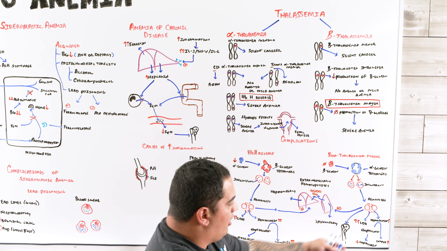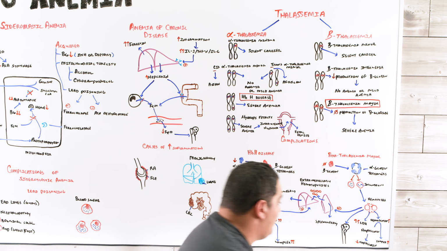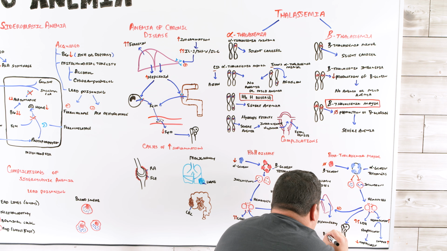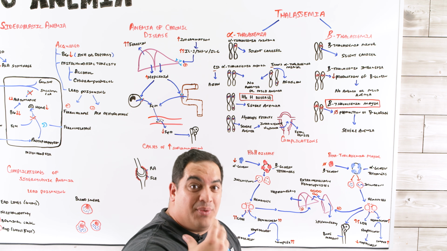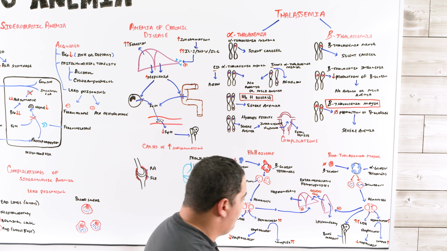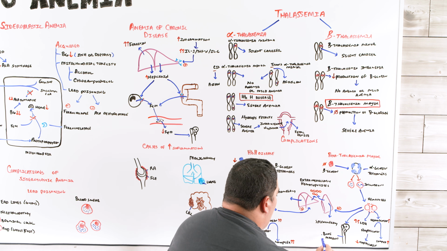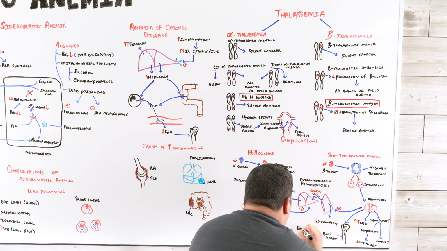And then the bone marrow says, oh geez, I really got to get to work and try to help you guys out and make more red blood cells. And so what the bone marrow does is it kind of goes on hyperdrive. And when it goes on hyperdrive, it tries to expand to make more room for the red blood cells that it's going to try to produce. All right? And so it causes a bone marrow expansion.